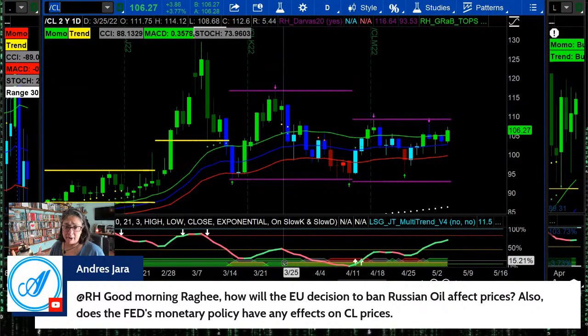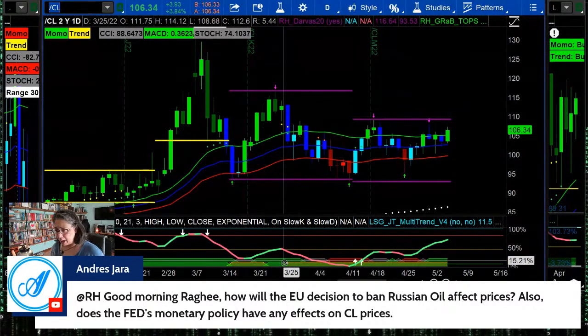So if the EU is going to ban Russian oil, that's a retraction of supply. Less supply usually equates to strength in whatever that commodity is. So in the most basic sense, if we're taking supply away, that's going to be a little bit of strength.